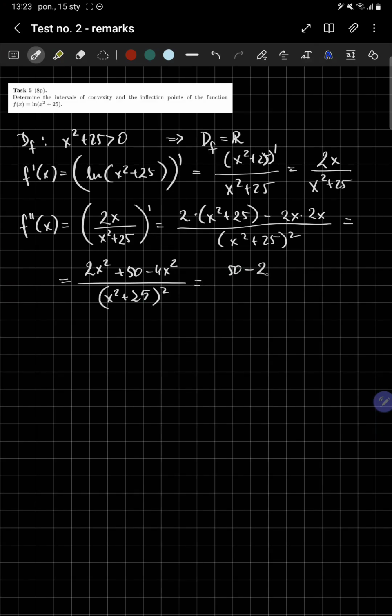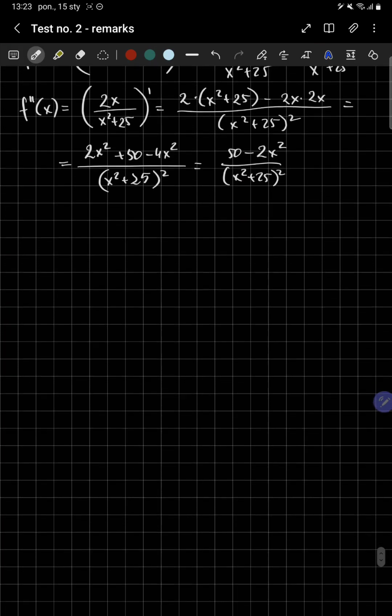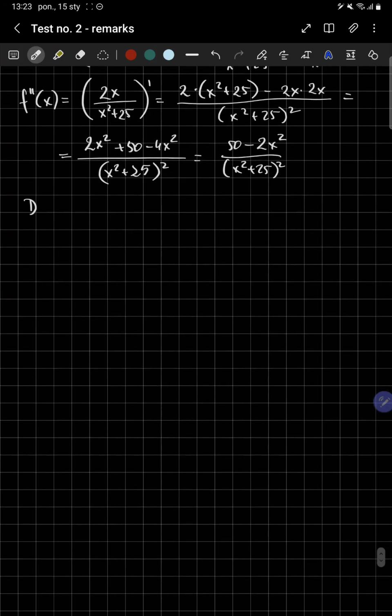So 50 minus 2x squared, like this. Okay, what is the domain of the second derivative? As we see, the denominator must be different from 0, but it is even greater than 0 by the properties of the square function. So here the domain is the set of reals, equal to the domain of the function, which is perfect information, because no surprises, no extra points must be considered here.